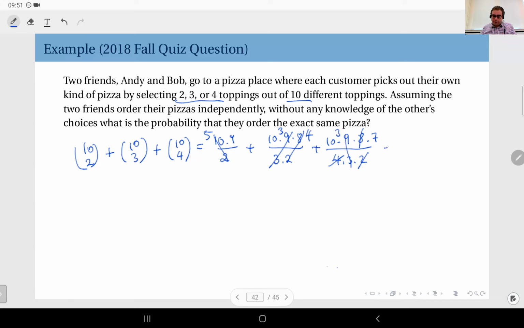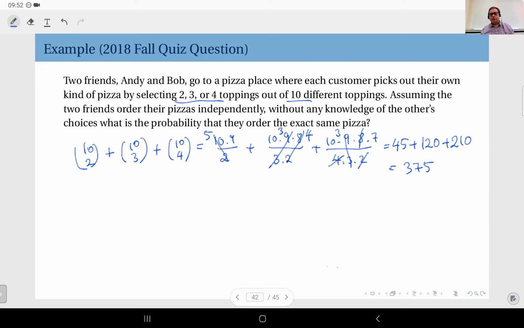So if you add them up, this is 45, plus this one is 120, plus this one is 210. And if you add them up, you get 375. This means in this pizza place, there are 375 possible pizza types.